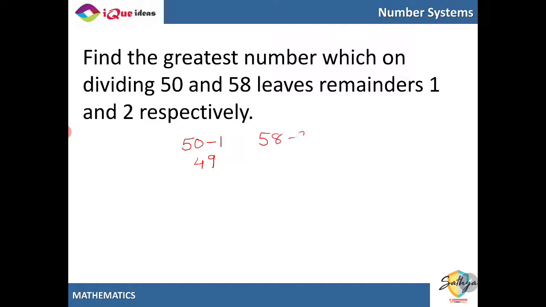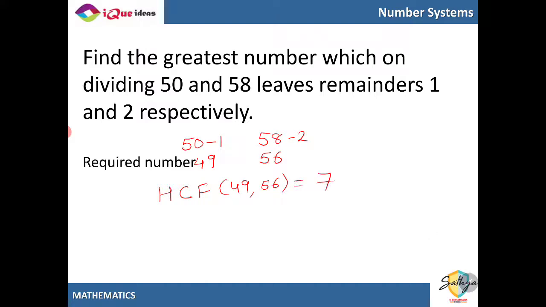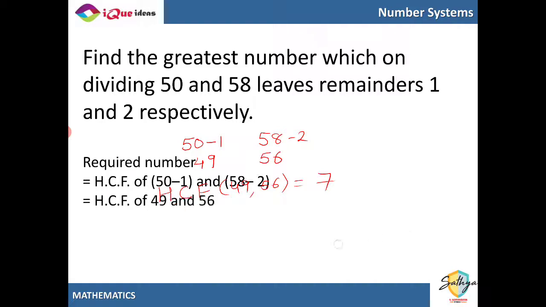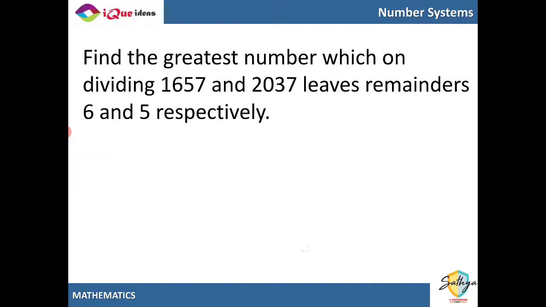So I subtract 2. That means the number which is being divided is actually 56. So the greatest common number for 49 and 56 is simply 7. So the required number is nothing but the HCF of 50 minus 1 and 58 minus 2, that is 49 and 56. So the answer is equal to 7.